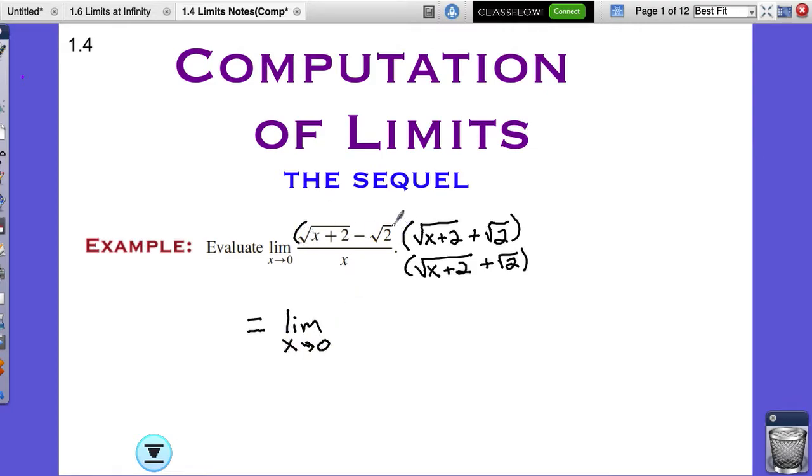When you multiply the two binomials up top, you end up getting the radicand of the first radical, the x plus 2, minus the radicand of the second radical, which gives me 2. And on the denominator, you have x times the square root of x plus 2 plus the square root of 2.